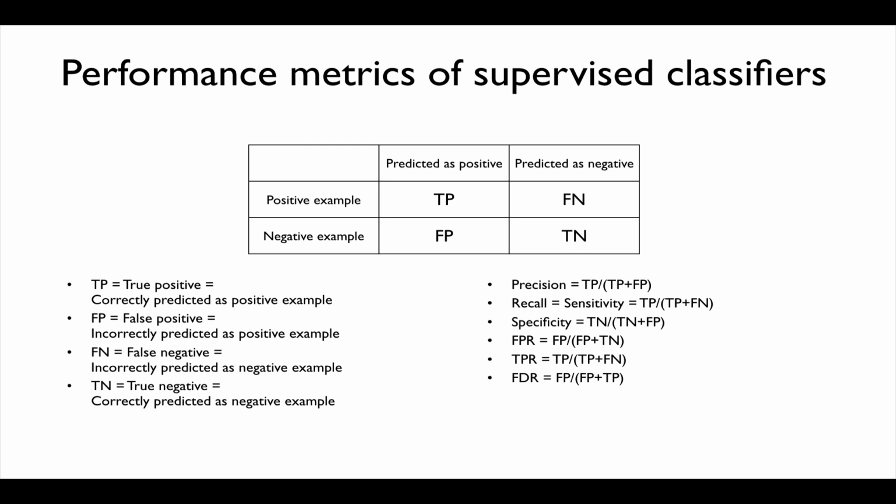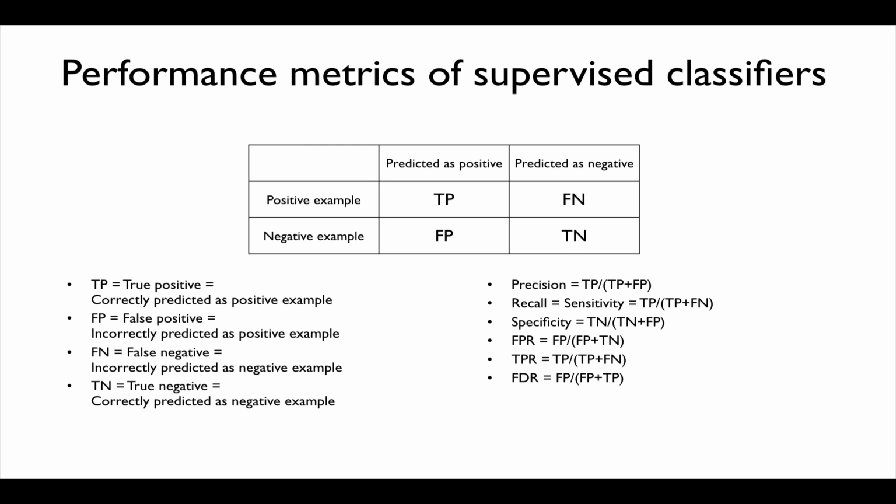Examples that are correctly predicted as positive are called true positives, and false positives are incorrectly predicted as positive examples. Similarly, examples incorrectly predicted as negative we call false negatives, and the ones that are correctly predicted as negative examples are true negatives.